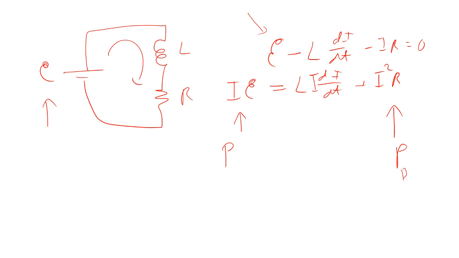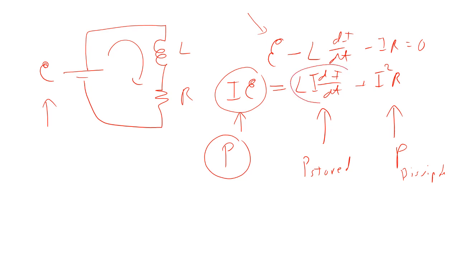So that has to be the power being stored. So this is the total power provided right here, I times V. That's the total power provided by our power supply. And so that means that this term right here is the power being stored.